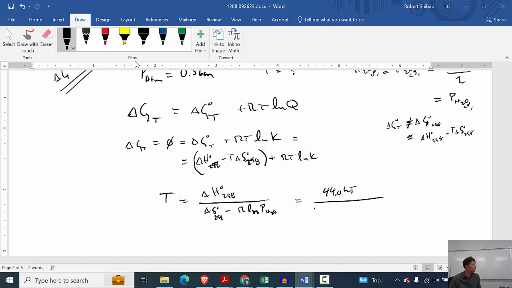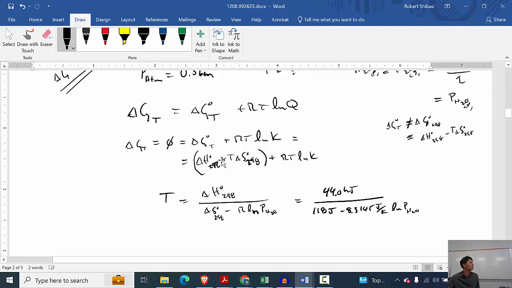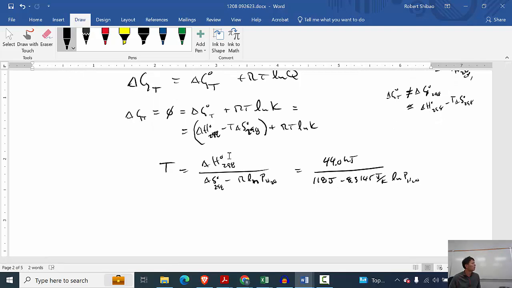The delta S naught was 118 joules per Kelvin, minus R, 8.3145 joules per Kelvin, times ln of P, H2O. We want to make sure the units work out, so I'm going to convert this to joules and then solve for the T.